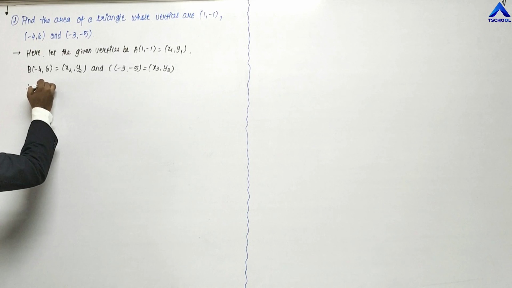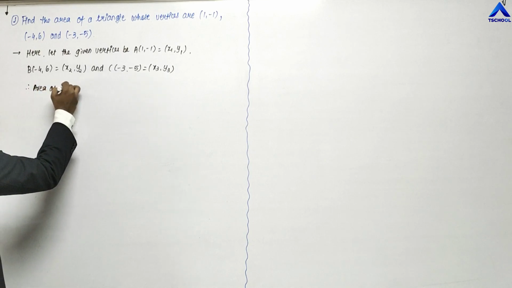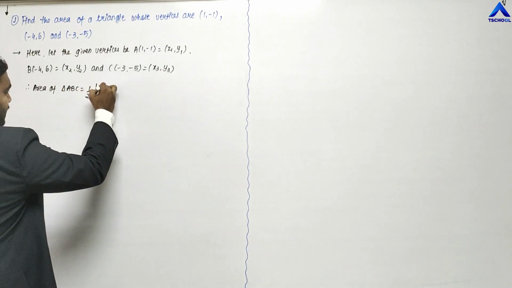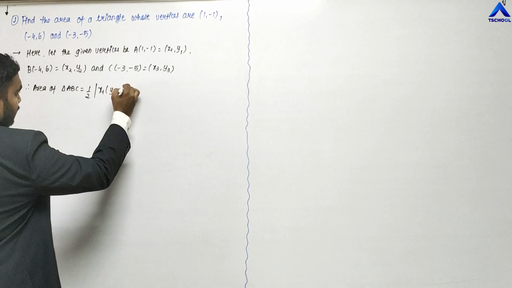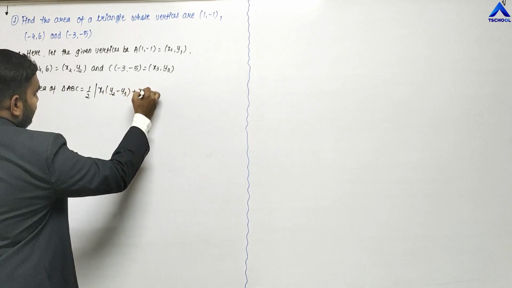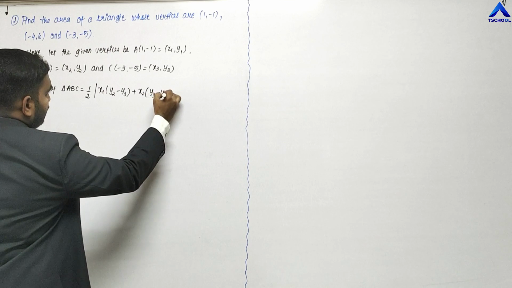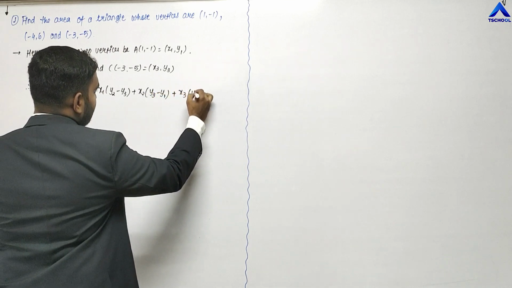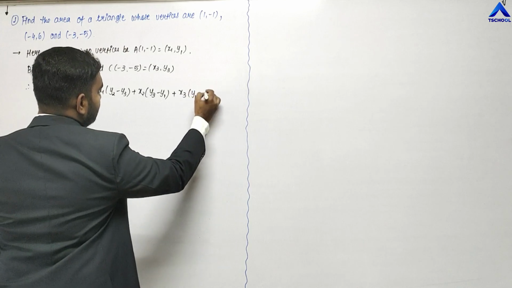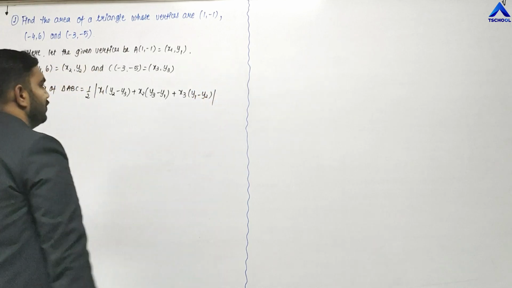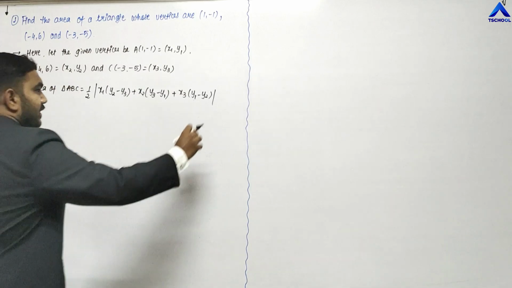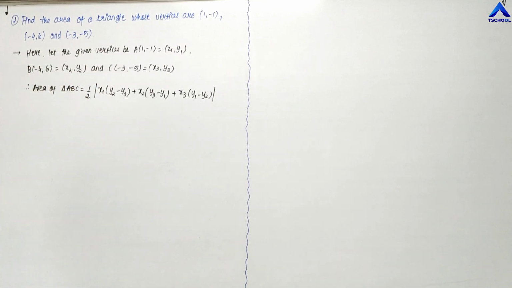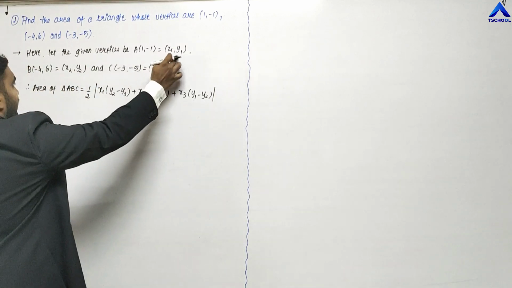Therefore, area of triangle ABC is equal to half modulus of x1 into y2 minus y3, plus x2 into y3 minus y1, plus x3 into y1 minus y2.